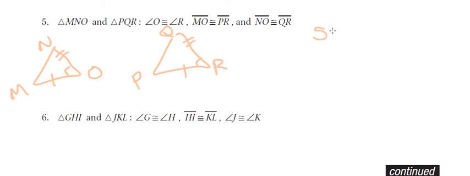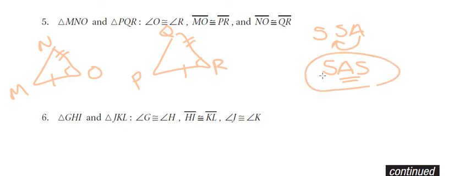So here we're given a side and an angle. This doesn't exist, so we want to see if this is side, angle, side. So we need to know if that angle is included. Well, this is a side, an angle, and a side with the corresponding side, angle, and side. So these are congruent according to side, angle, side.